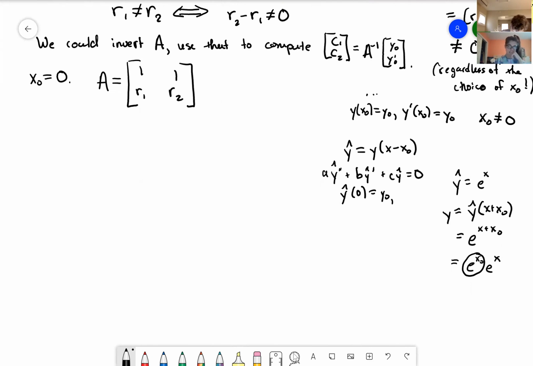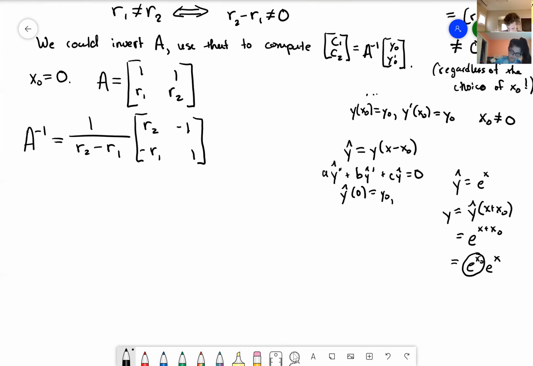Now, we have for the inverse, 1 over the determinant. The determinant, we computed, was R2 minus R1 times e to the something. So that just becomes R2 minus R1. And then we swap the diagonal, and we take the negative of the off diagonal, and that gives us the inverse.